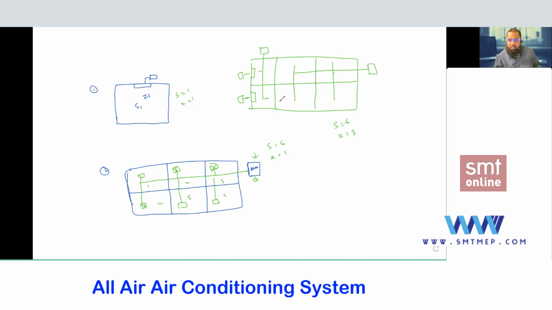No, overall... No, there are two AHUs, right? So for space 1 and 2 with AHU 1, and spaces 3, 4, 5, 6 with AHU 2. Okay. Two AHUs are there. This is AHU 1, this is AHU 2. So in this case, two zones. Two zones.